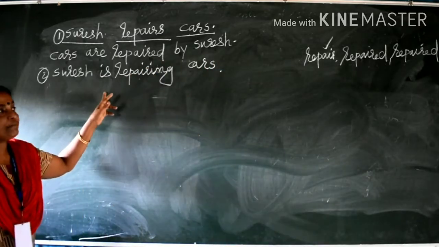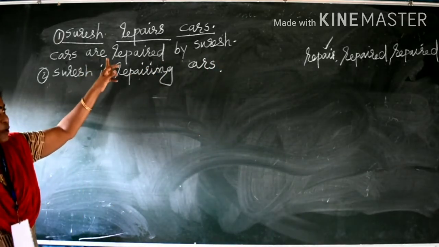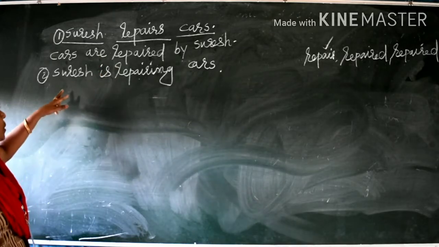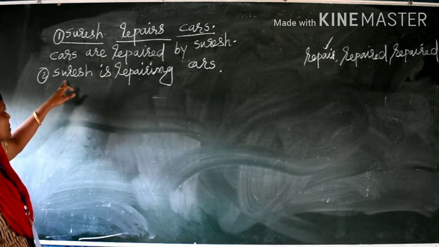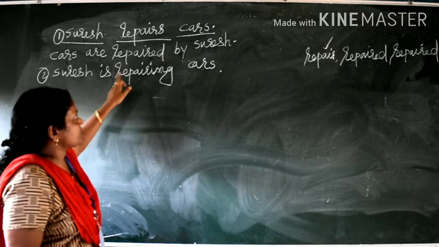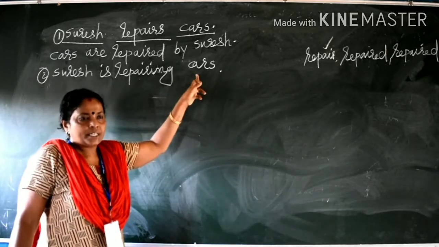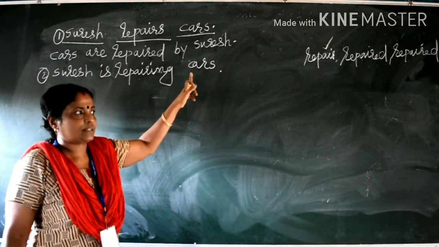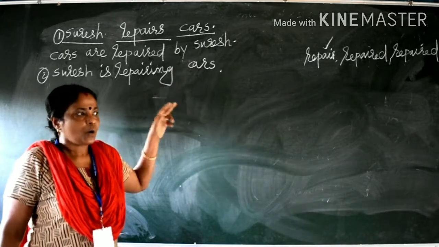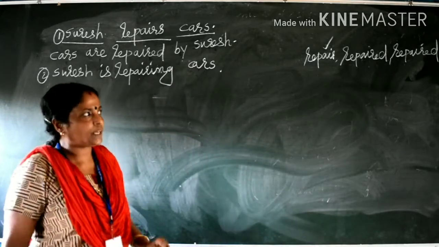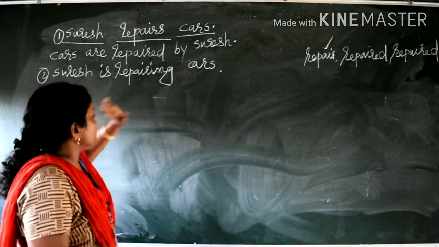The simple present tense formula you have already learned in the first video. So now I will teach the formula for continuous tense. Suresh is repairing cars. It is present continuous tense, meaning an action going on at the time of speaking. How to change it?